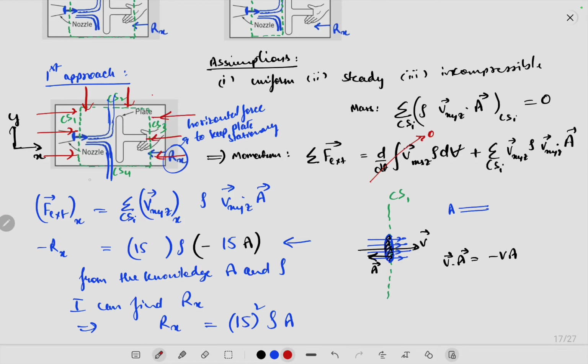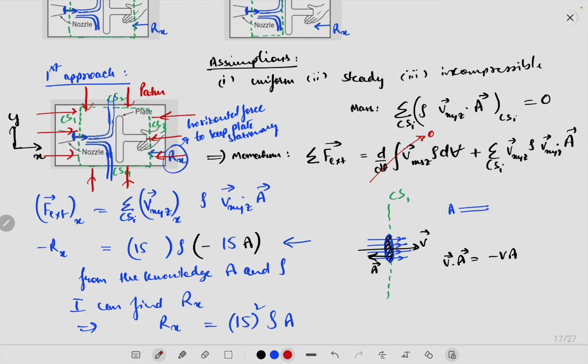So this is our P atmosphere. And then the F external on this portion would be nothing but P atmosphere, the atmospheric pressure, times the area of CS1. Similarly, the pressure here would be P atmosphere times the area of CS2, and here it will be P atmosphere times the area of CS3, and here it would be pressure times the area of CS4.